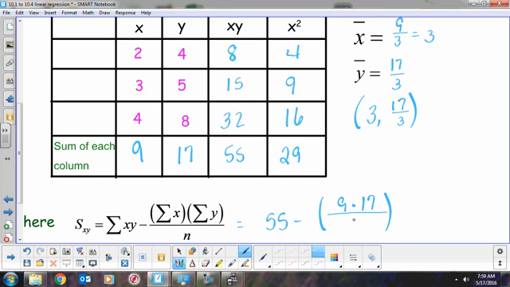I think it's going to be 3 because they're ordered pairs. So I need someone to get out a calculator. So 55 minus, what's 9 times 17?